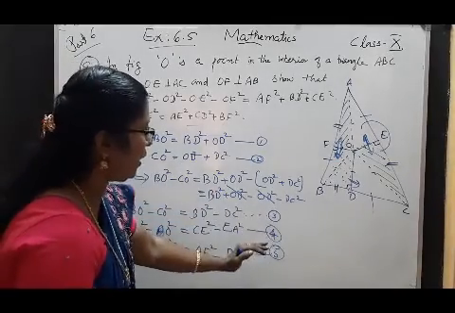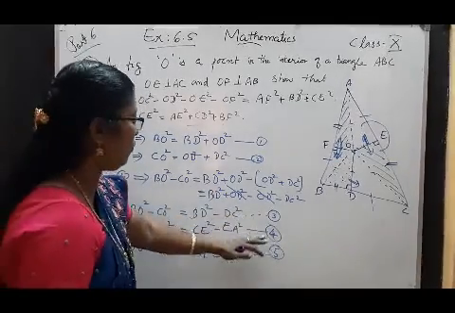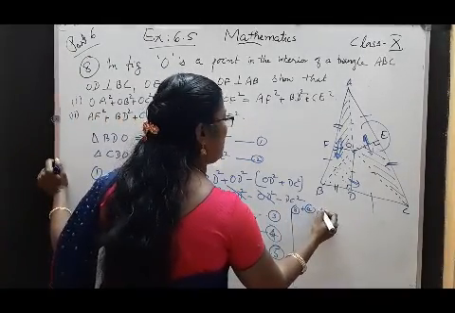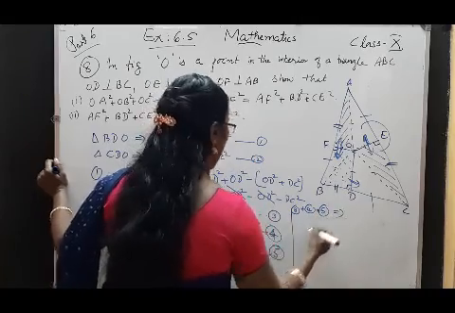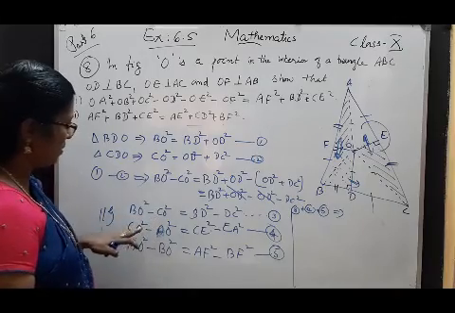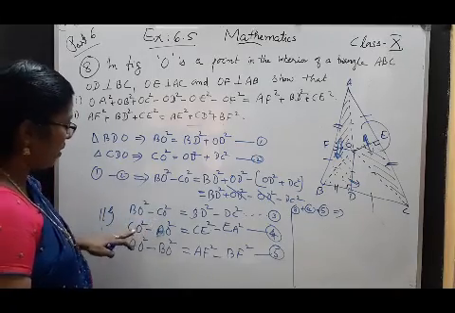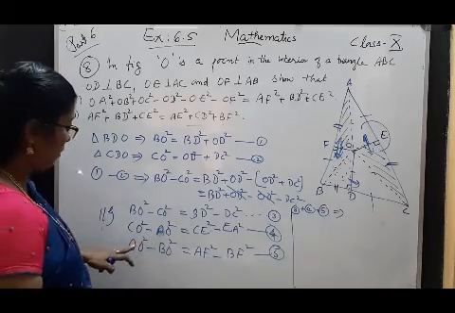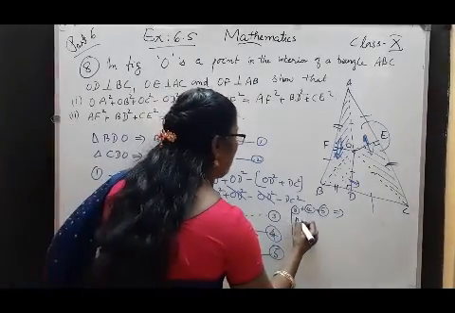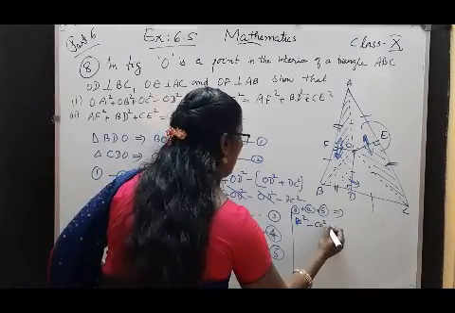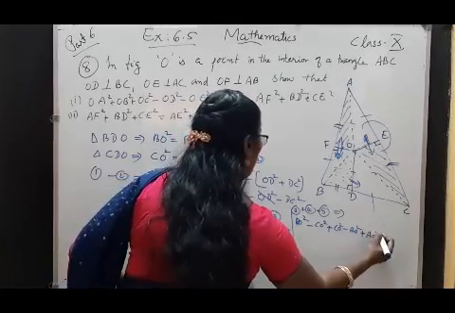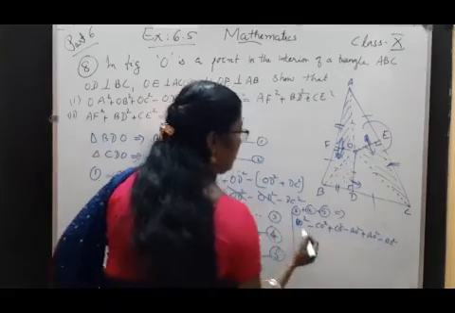Then adding 3, 4, 5. Adding 3, 4, 5 implies BO square minus CO square plus CO square minus AO square plus AO square minus BO square.